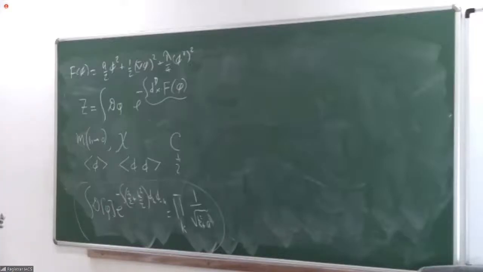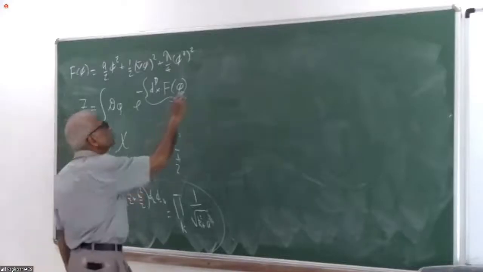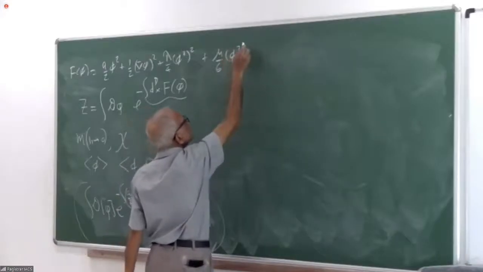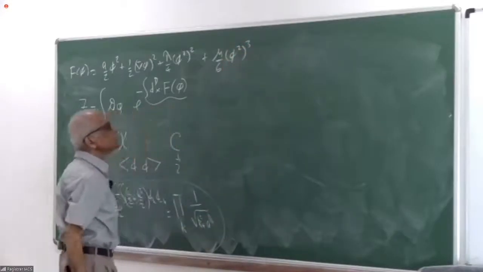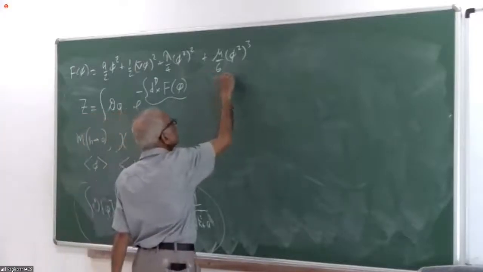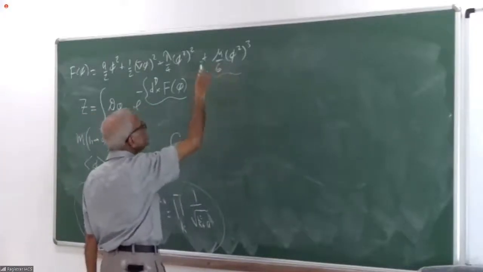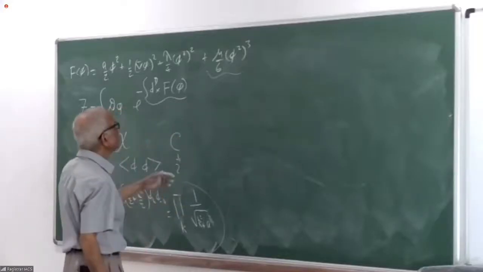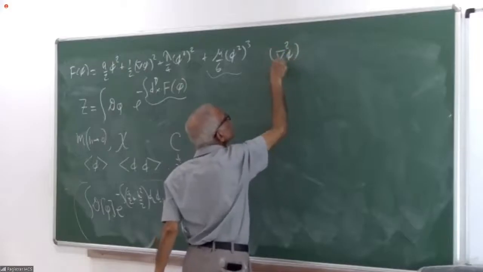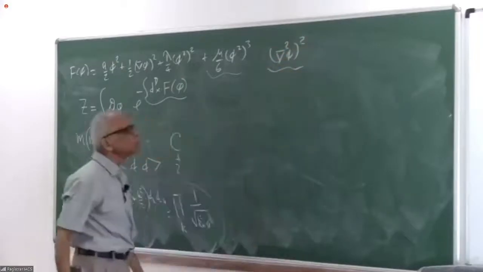I want to know why, for example, if I had a term that I have thrown away, why is this term in my reckoning smaller than those, or del square phi square? What went wrong with that?